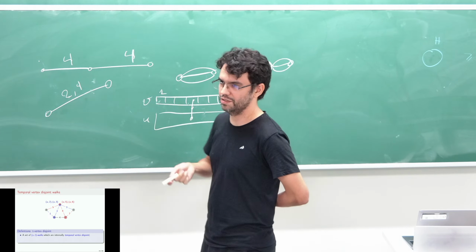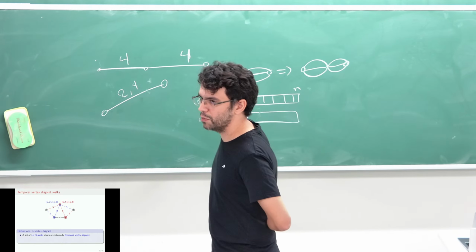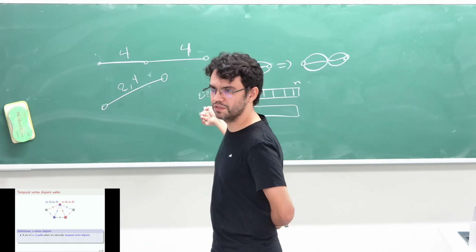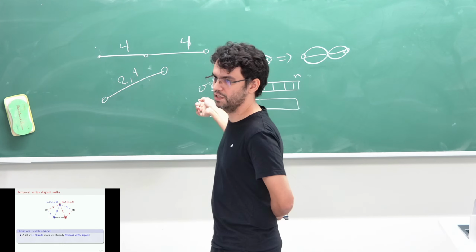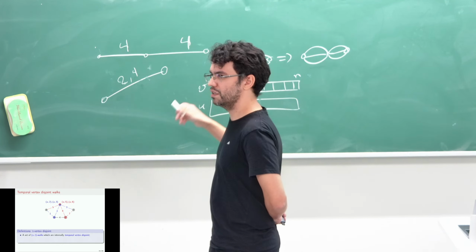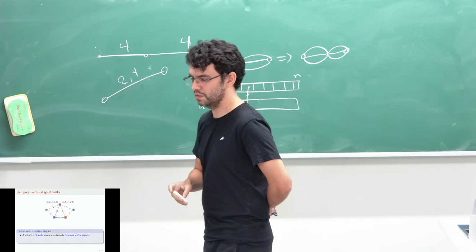This is actually very helpful if you are looking for paths or branchings inside temporal graphs. But for Menger, I don't think it works in all cases.